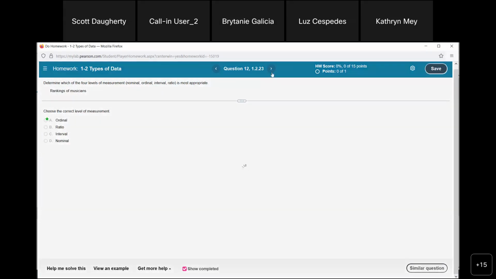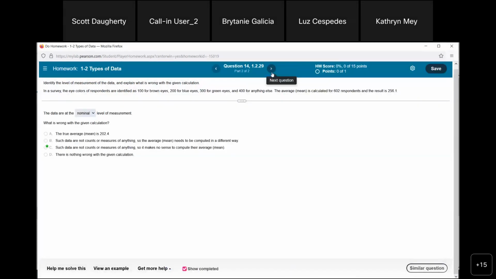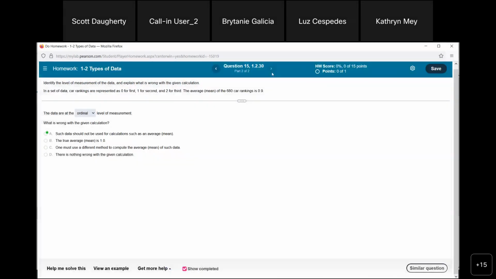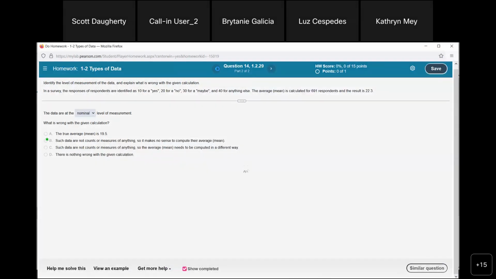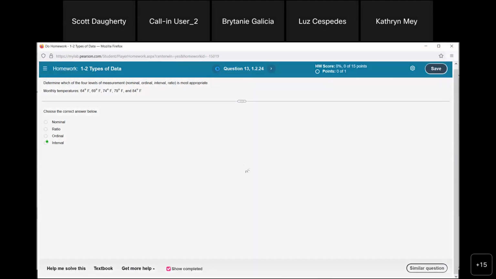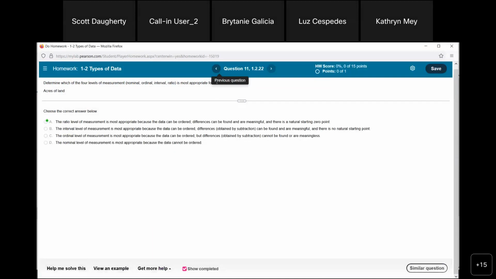Now let me pull up one that's ratio. Okay, so this is an example of a ratio one. It says you're collecting data like how many acres of land someone owns.